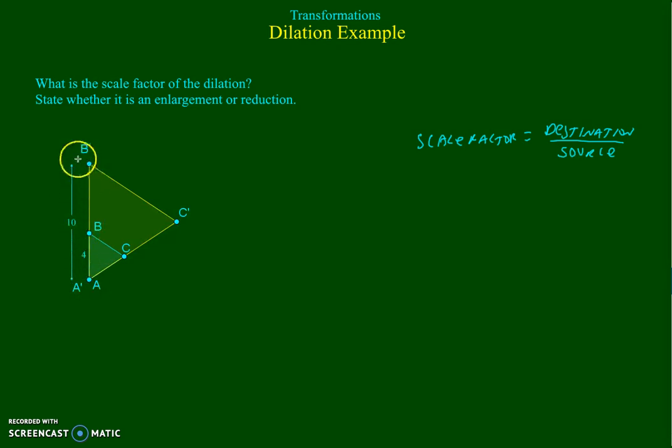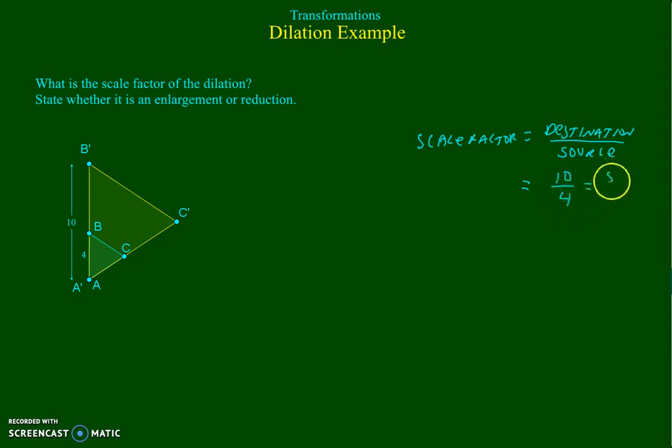So these primes are our image points, and the non-primed points of our preimage are A, B, and C. So AB is our preimage value, the source, and A prime B prime is our destination. So our scale factor in this case is going to be destination, which is 10, because that's the image length, divided by source, which is 4.